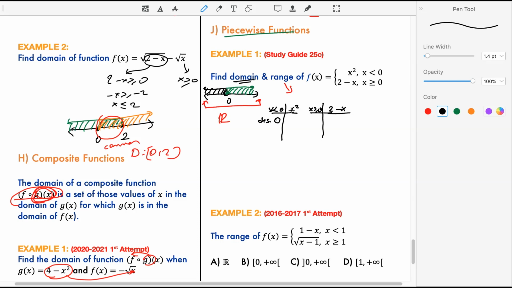It is 0. Pick a number less than 0, like negative 1. Negative 1 squared, 1. Pick another number less than negative 1, like negative 2. Negative 2 squared is 4, and so on. From starting 0, your y values are heading to positive infinity.